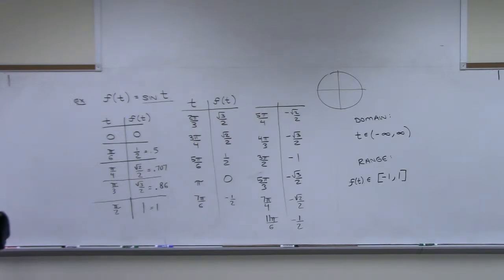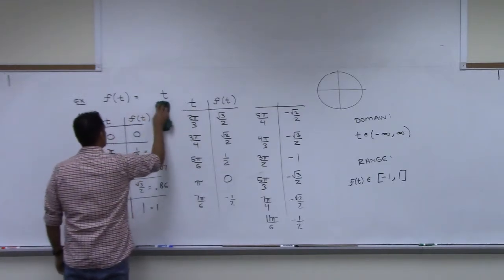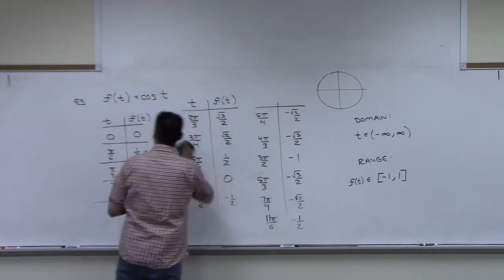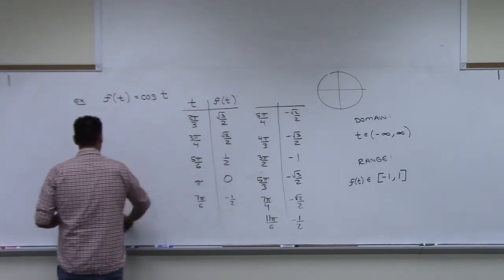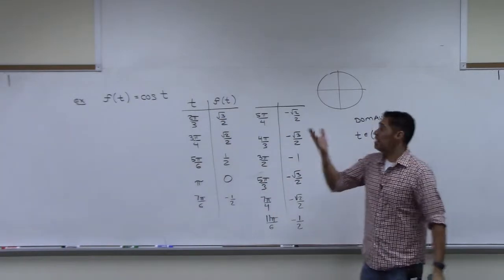How about cosine? Could we do a similar table for cosine? Yep. It would just give us all the x coordinates instead of y coordinates. I don't feel like doing a table for cosine, but let's talk about the domain and range, because I think maybe you get it now. For cosine, if it's just giving me the x coordinates instead of the y coordinates, then the domain, we should still be able to get everything, right?